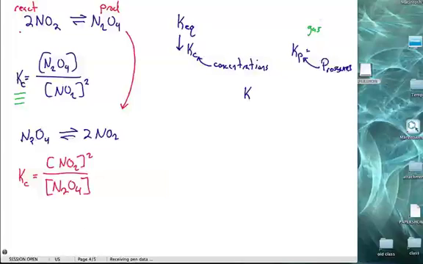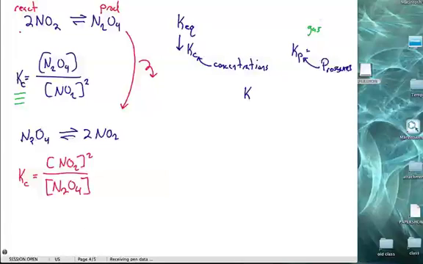So we flip this reaction, and what did we do to the equilibrium constant? The new equilibrium constant is now equal to the old equilibrium constant inverted. So whenever we flip the reaction, we invert the equilibrium constant. Mathematically, they have become flipped.